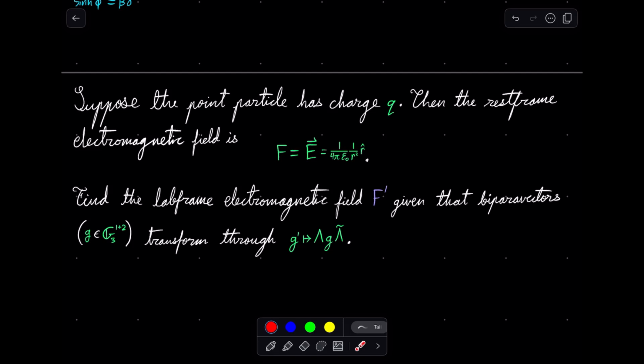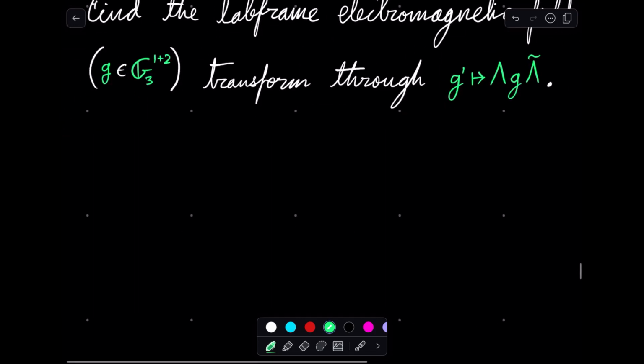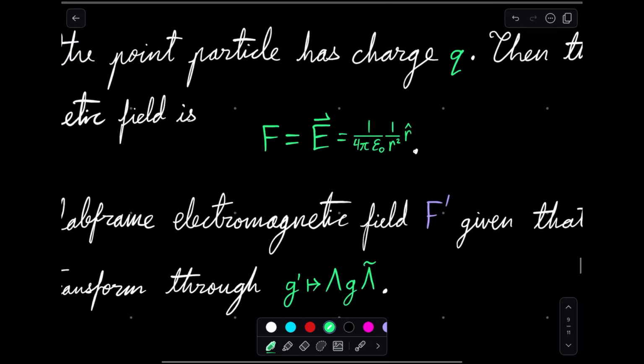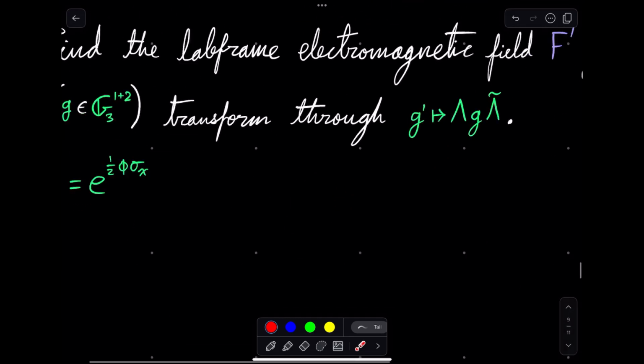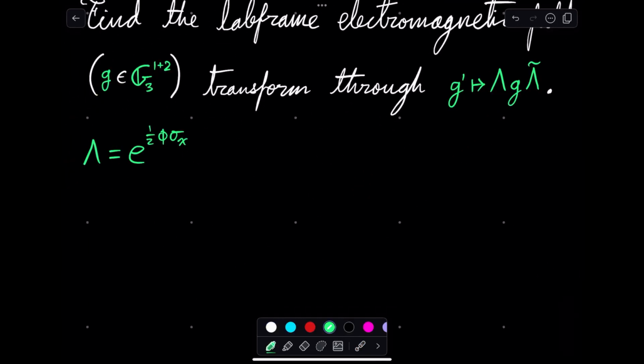So the first goal here will be to just rewrite our lambda. We know that we're dealing with one over two phi sigma x. And our next step will be to just ignore this for now, and we're going to rewrite this E in its Cartesian coordinates.